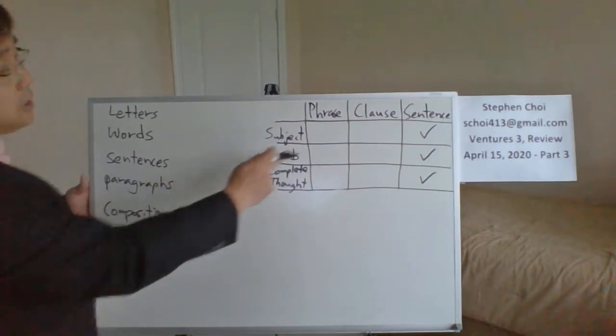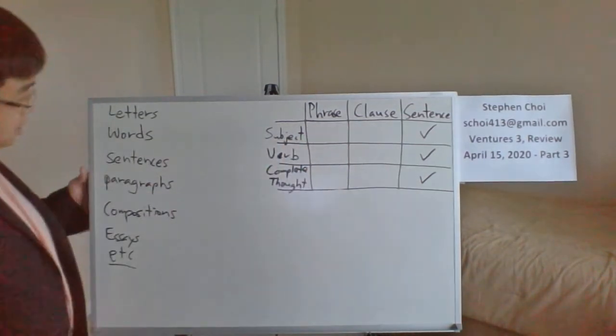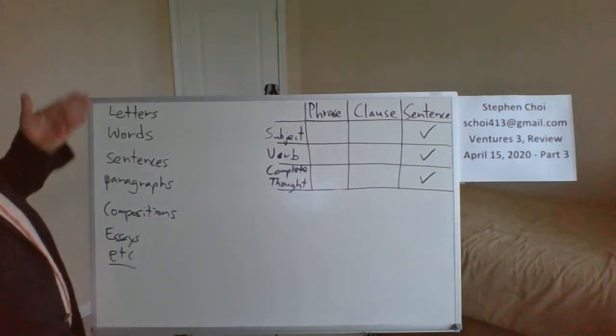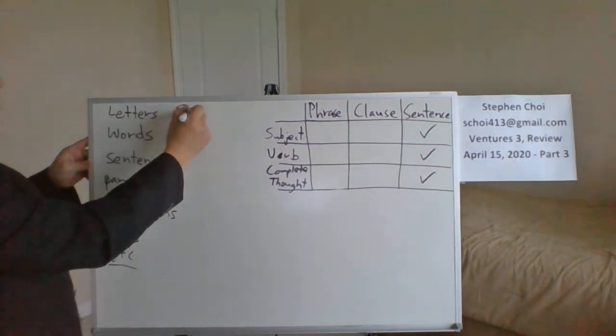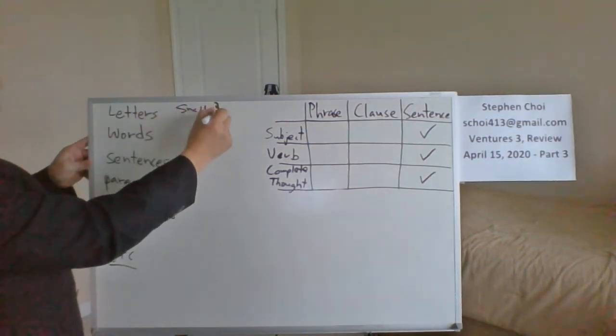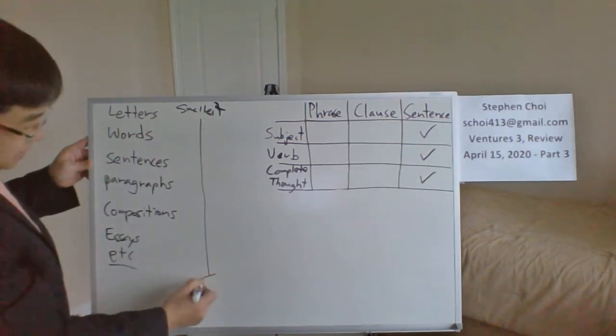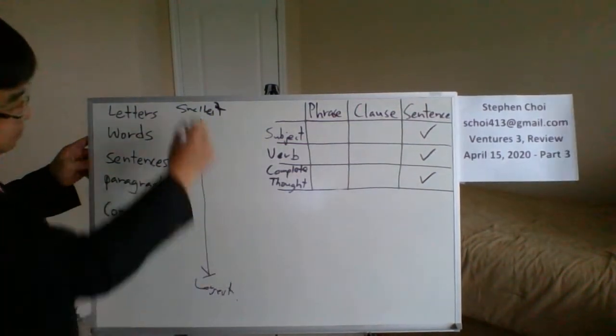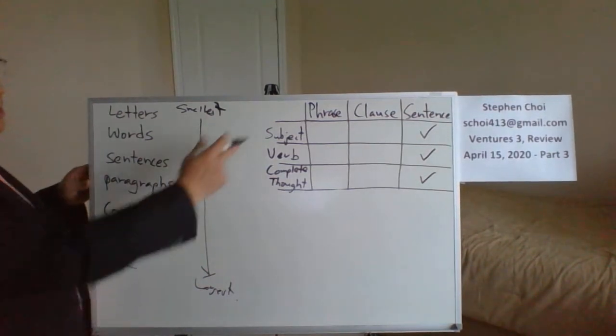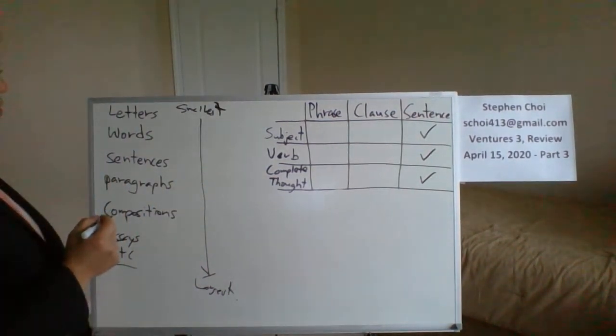But today we want to talk about phrases and clauses. Where do you think phrases and clauses fit in this list? This is the smallest to the largest, right? It gets bigger as you go down.